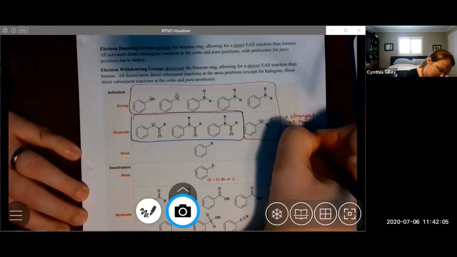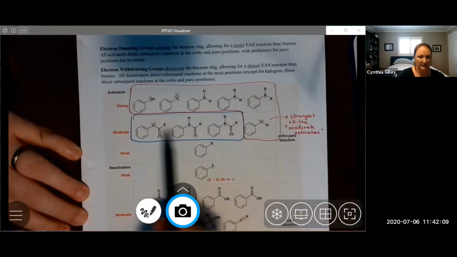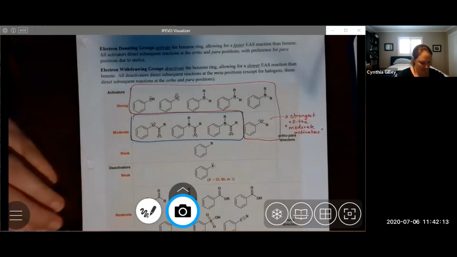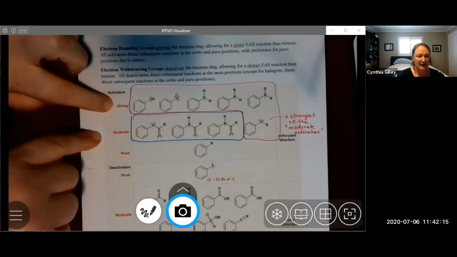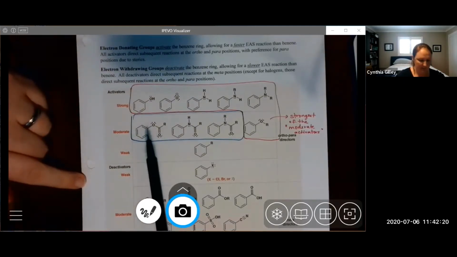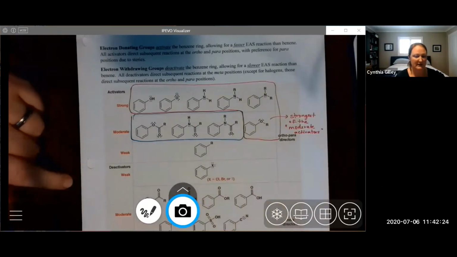It's going to probably have the fastest rate amongst any of these four. When you're talking about the difference between moderate and strong, it's just about reaction rate. How fast is the reaction rate for this one compared to benzene? These are all compared to benzene.